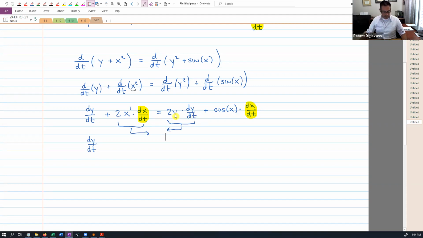This one does. So when this comes to the left, I get a minus 2y dy dt equals, on the right, which I still have, this cosine x times dx dt. And then I'm bringing this guy over, so it's minus 2x dx dt.